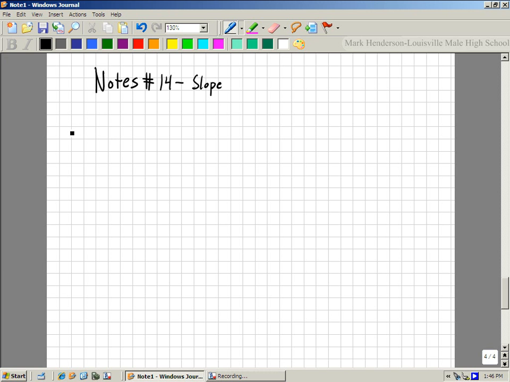Okay. So first of all, let's talk about this formula. You learned it. I believe you learned it first in the 7th grade. The slope through 2 points is equal to y2 minus y1 divided by x2 minus x1.